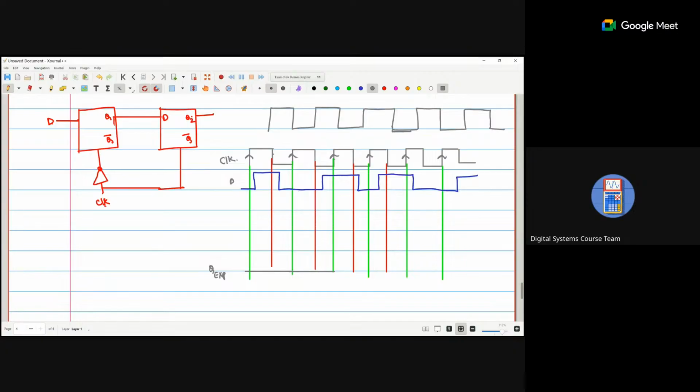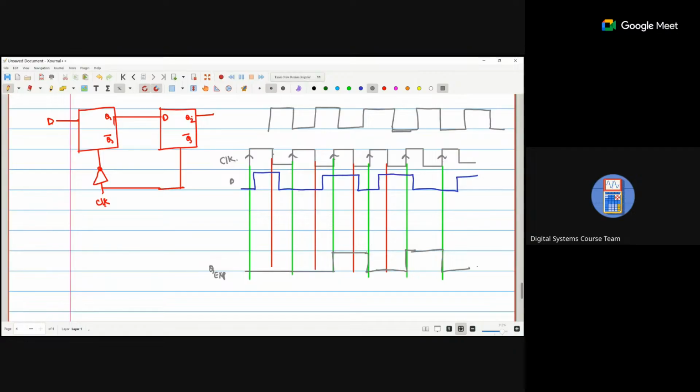Third, D is 1, Q is 1. Fourth, D is 0, Q is 0. Fifth, D is 1, Q is 1. And sixth, D is 0, Q is 0. So this is my expected output.